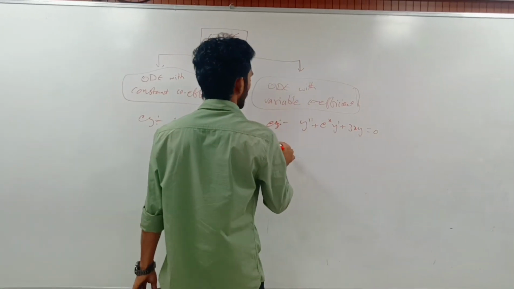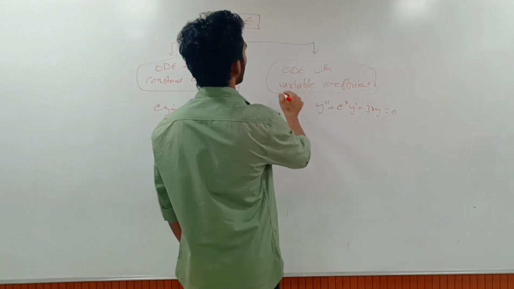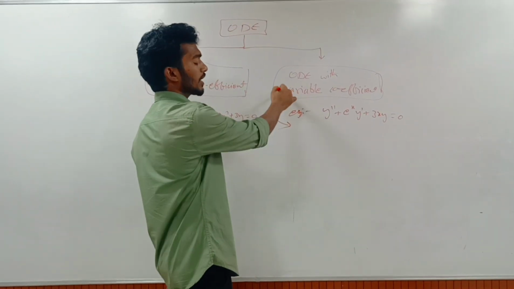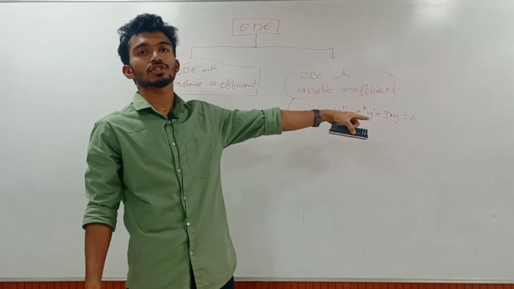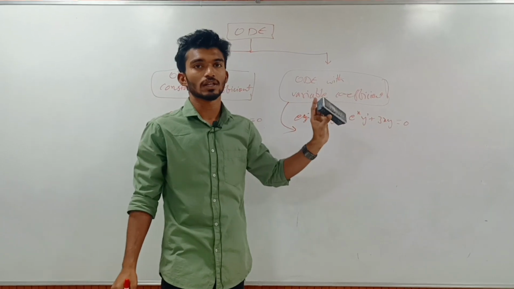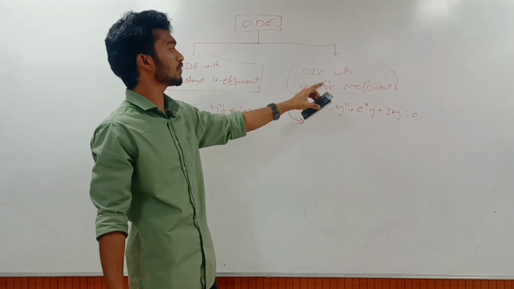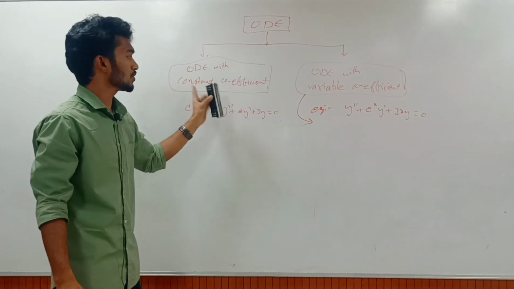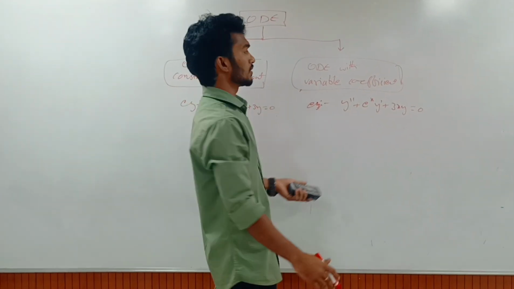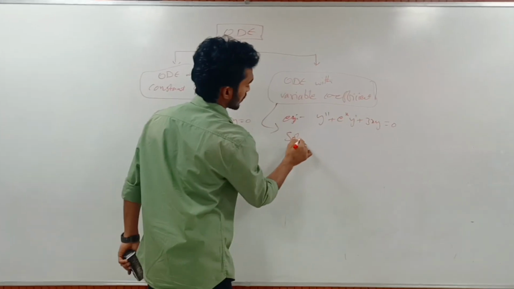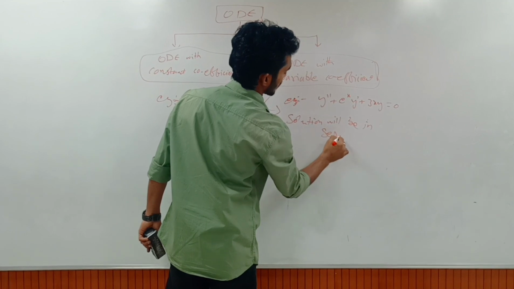In this chapter, we are going to learn how to find the solution of this type of equation, the solution of an ordinary differential equation with variable coefficients. It is a little more complicated than the constant coefficient case, and the solution will be in series.